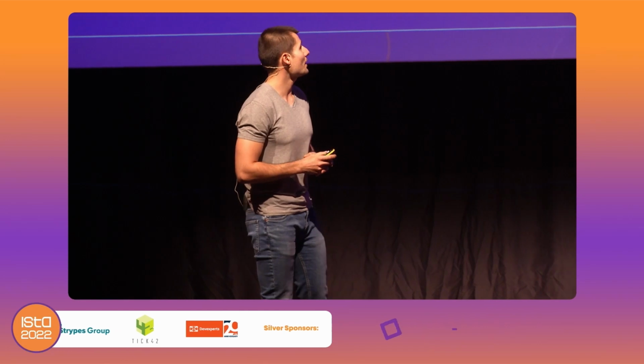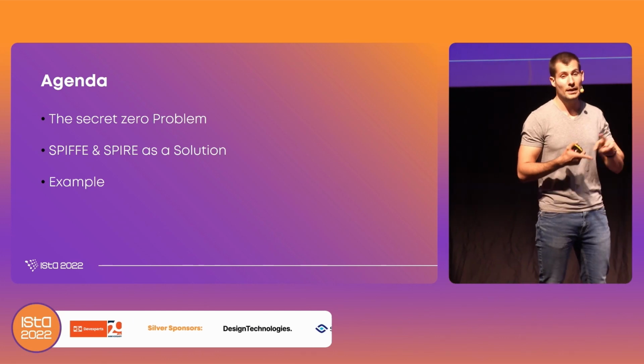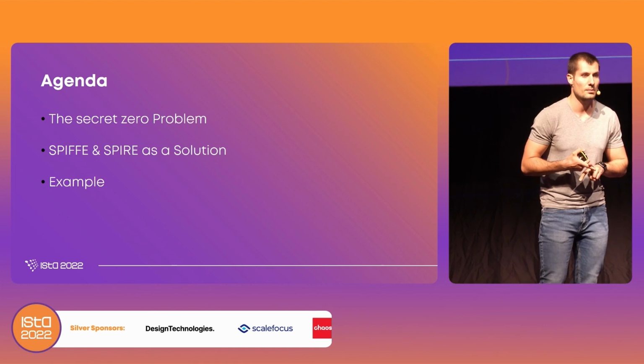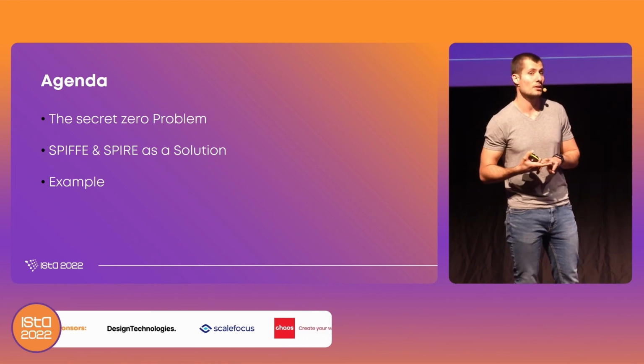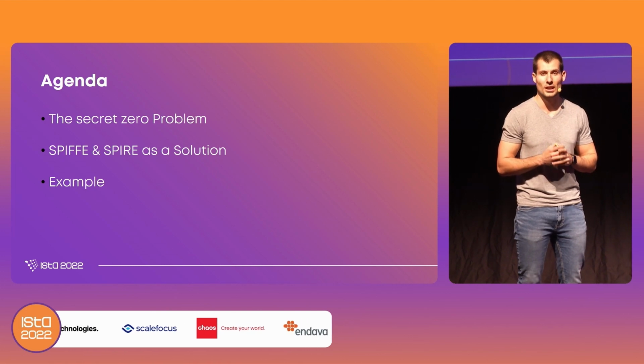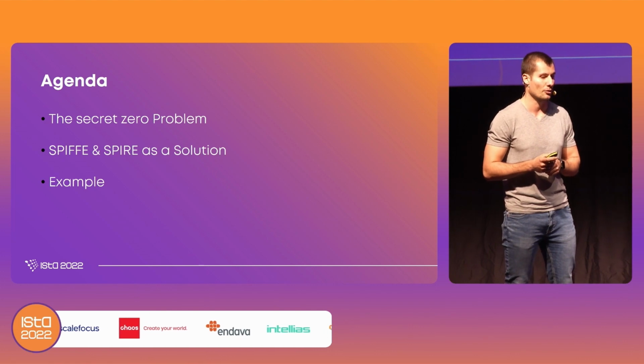For the purposes of that, we will use the following agenda. We will start by defining the secret zero problem. Then we will go over a plausible solution in the face of SPIFFE and SPIRE. And last but not least, Rado will give us a practical example of how this technology can be put into practice in a real-world scenario.